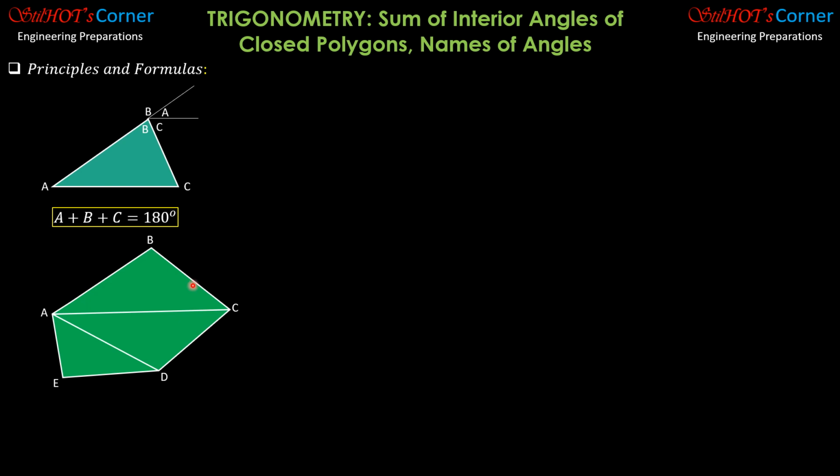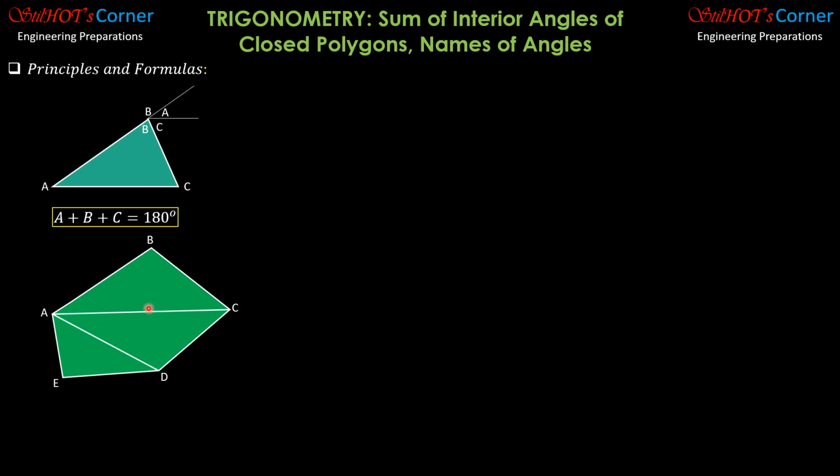If there are only four corners, A, B, C, D, or four sides, then we can draw non-overlapping triangles. We can only draw two non-overlapping triangles, right? So we cannot introduce triangle ABD anymore because it overlaps with the first two triangles.